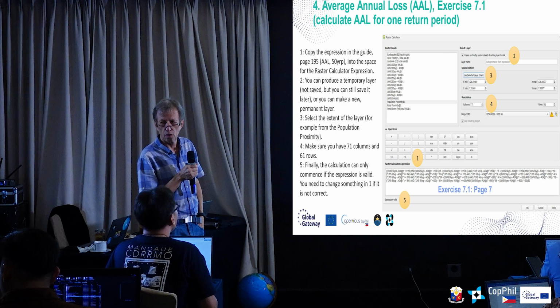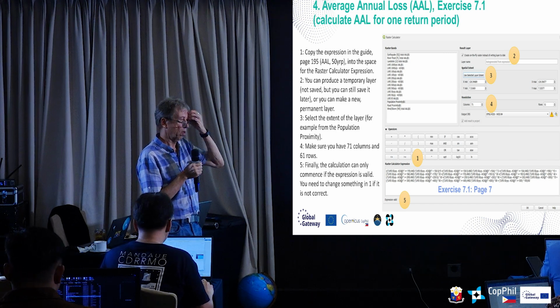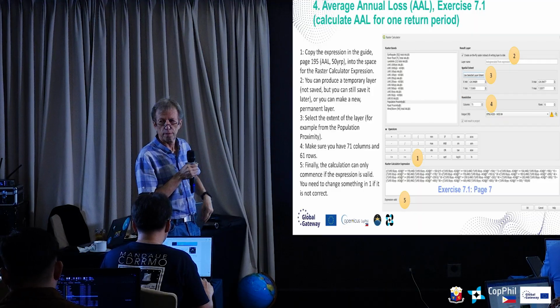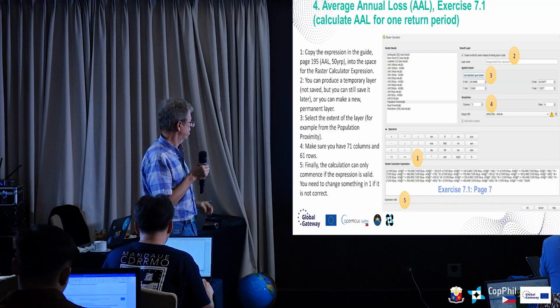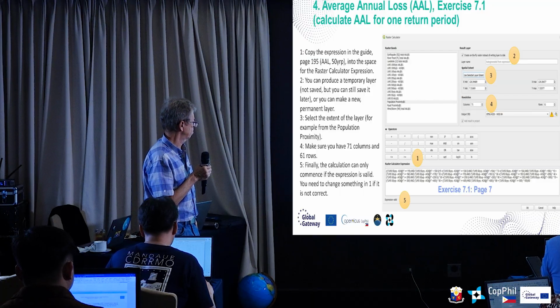So kindly proceed to page 7 for the calculation. Alam naman natin no how to open the raster calculator. Open the raster calculator and follow the steps on either the screen or the Word version document. So the first page 7, lahat yan, step 1 to 5, gagawin po yan.